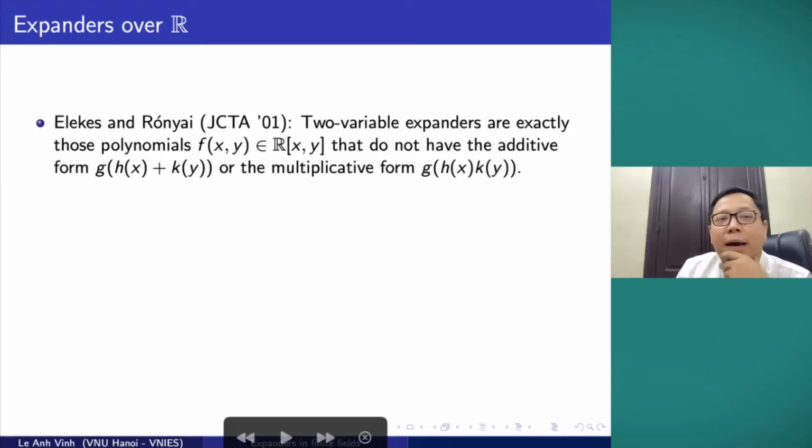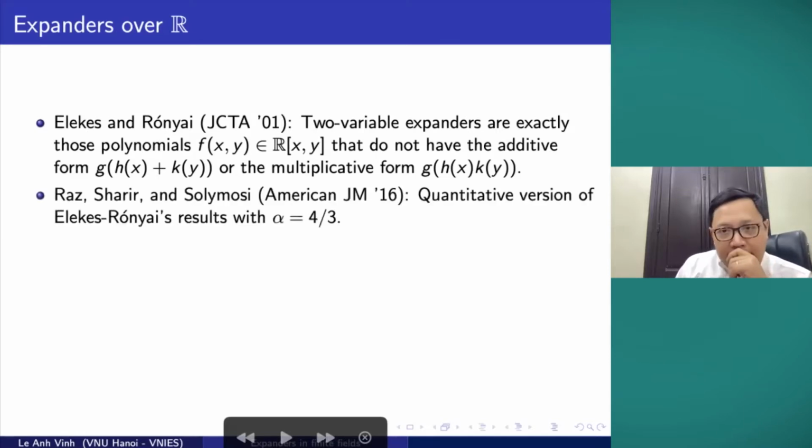The first result, by Elekes and Rónyai in the Journal of Combinatorial Theory Series A, confirmed that if you have two-variable polynomials that do not have the additive or multiplicative form, they will be expanders with growth rate greater than 1. A quantitative version of that result confirmed that the growth rate is actually quite good.